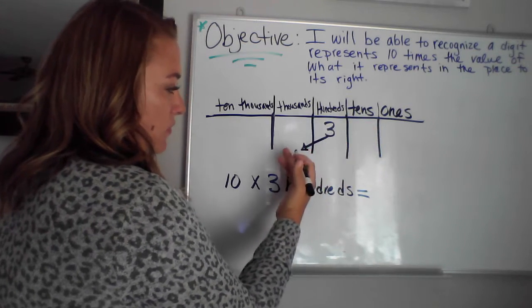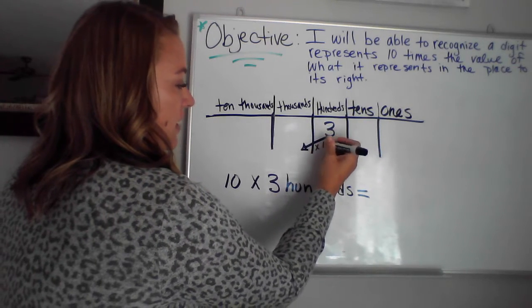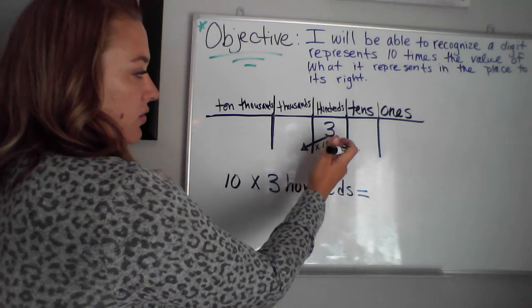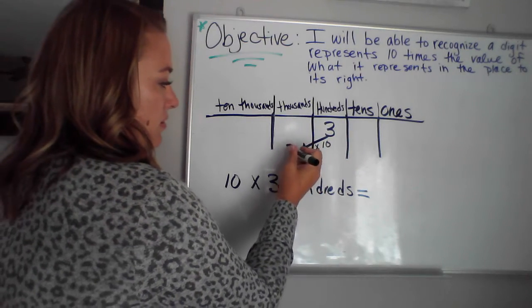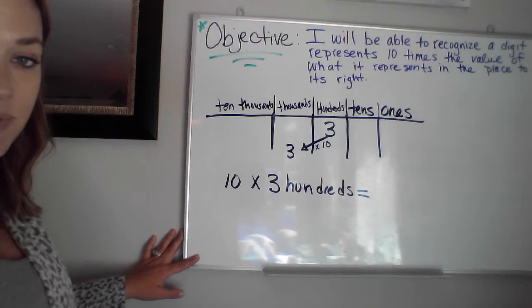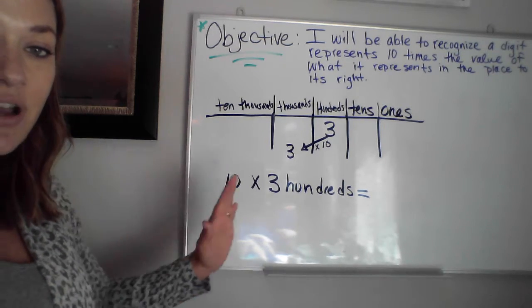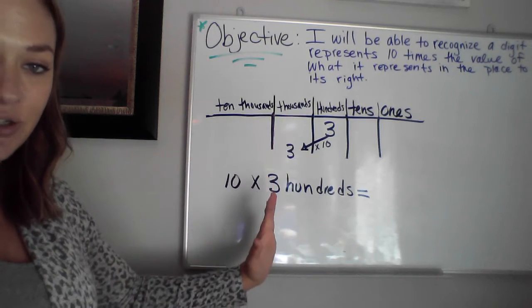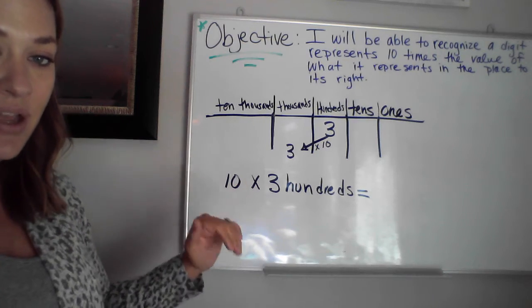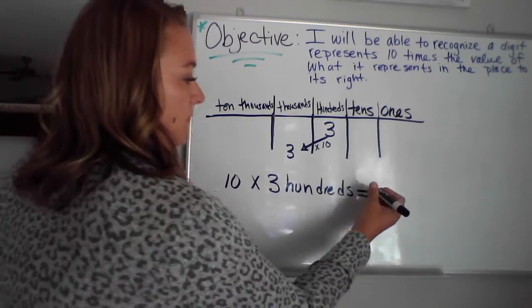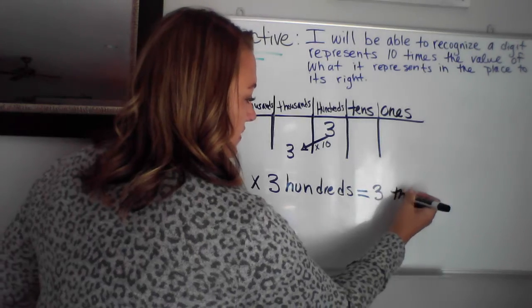What's happening when I move it is I'm multiplying by 10, so that 300s now became 3,000s. It just got 10 times larger. So 10 times 300s is going to give us 3,000s.